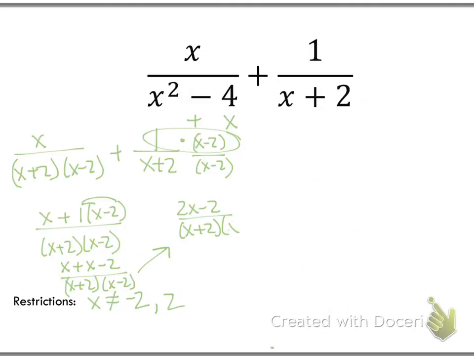I still have nothing that's canceled. Looks like there's a GCF there of 2, so I'm going to pull a 2 out. When I pull that 2 out, it becomes x minus 1. And it still doesn't look like anything cancels, so that's my simplified answer with the GCF taken out. Okay, again, x's don't cancel because they're being added and subtracted to something, and the sets of parentheses aren't the exact same.